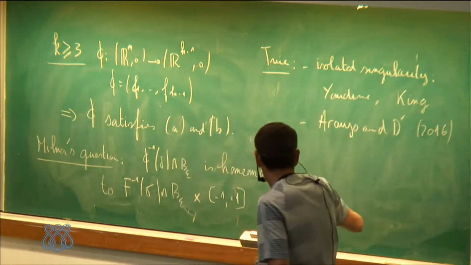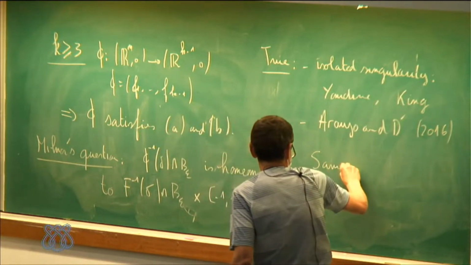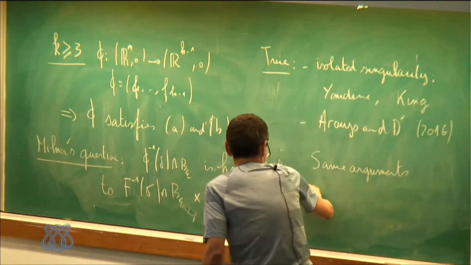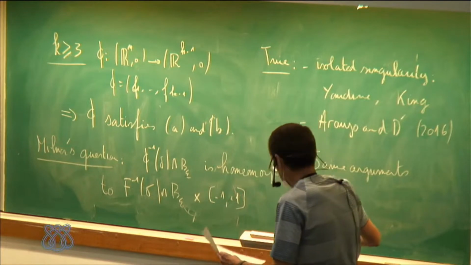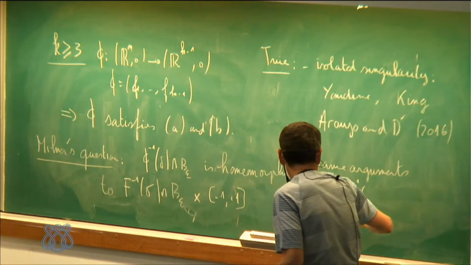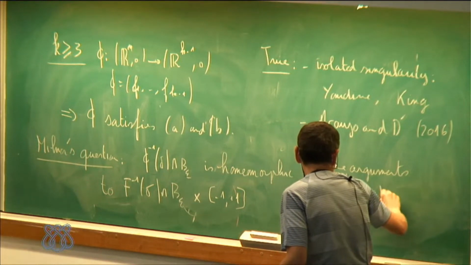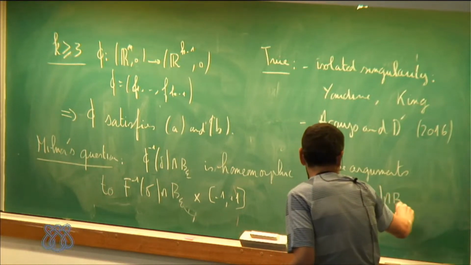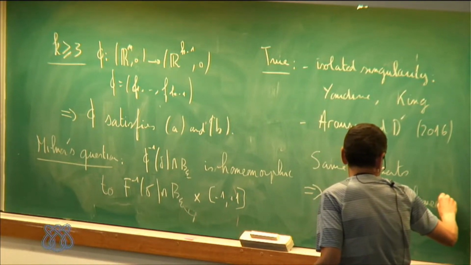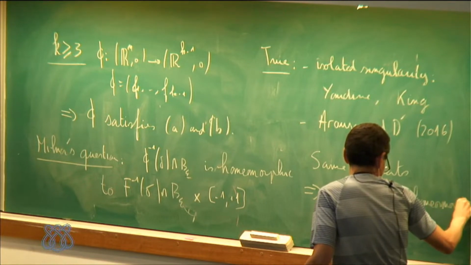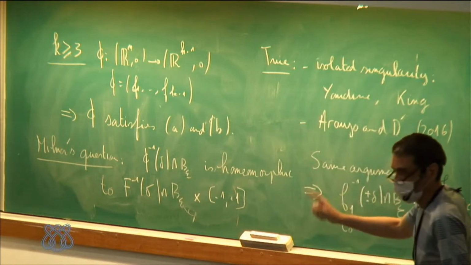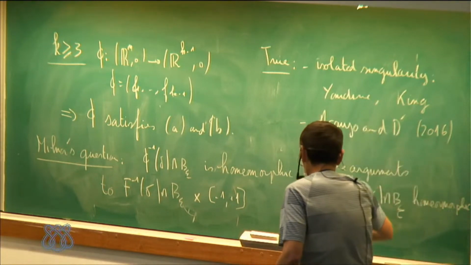So the same arguments prove that the two Milnor fibers of f1, positive and negative 1, are homeomorphic to the Milnor fiber of (f1, f2), for example, times an interval.